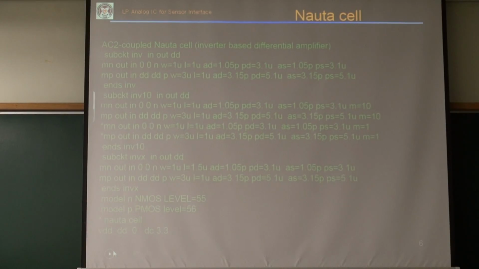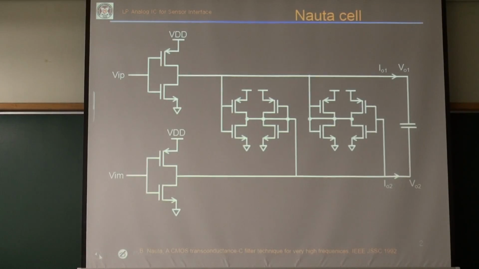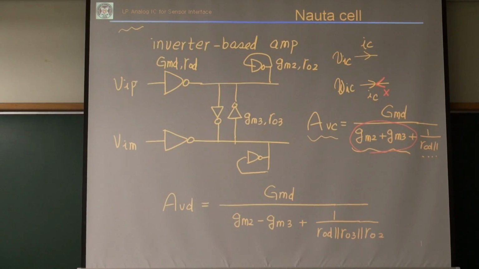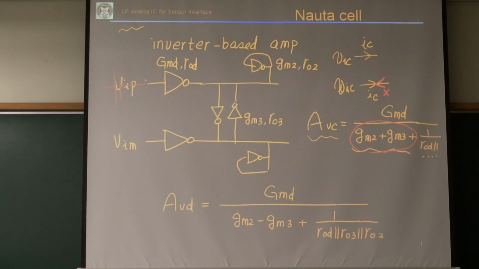So let's do some more simulation of this Nota cell. Say we used some AC coupling. This AC coupling means, here I use the capacitor coupling, and then I may need some DC biasing.